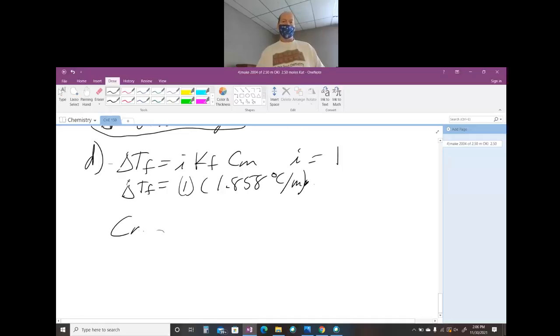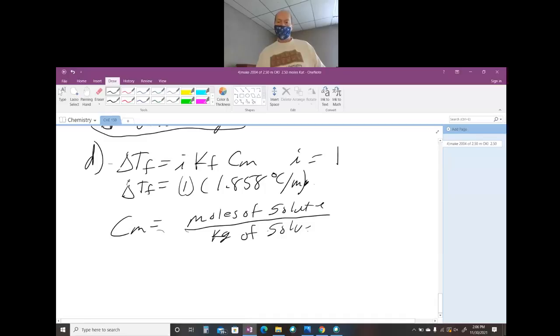So your C sub m, molality, we need moles of solute divided by kilograms of solvent. So it is not solution here. Molarity is moles per liter of solution. Molality is moles of solute per kilograms of solvent.